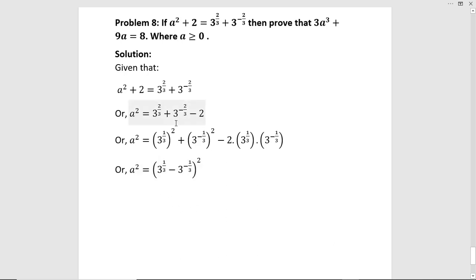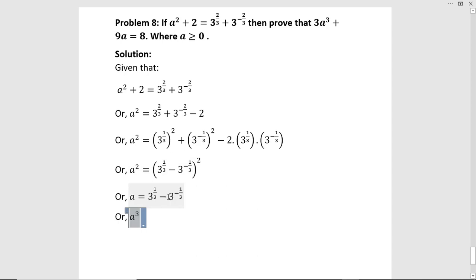So as a is greater than or equal to 0, we can write that a is equal to 3 to the power 1 by 3 minus 3 to the power minus 1 by 3. So we don't have to take plus minus here, and we will keep 1 by 3 at first and 3 to the power minus 1 by 3 as the second term, negative.